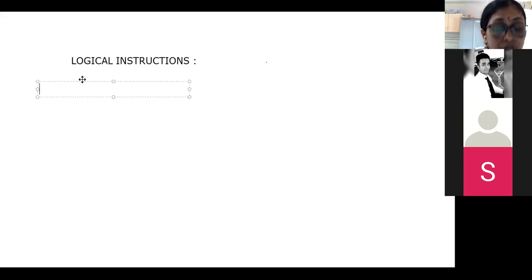The mnemonic used to perform the AND operation is ANL. The meaning of ANL is logical AND. AN means AND, L means logical. The format is: source, comma, destination. Source will contain operand 1, destination will contain operand 2.